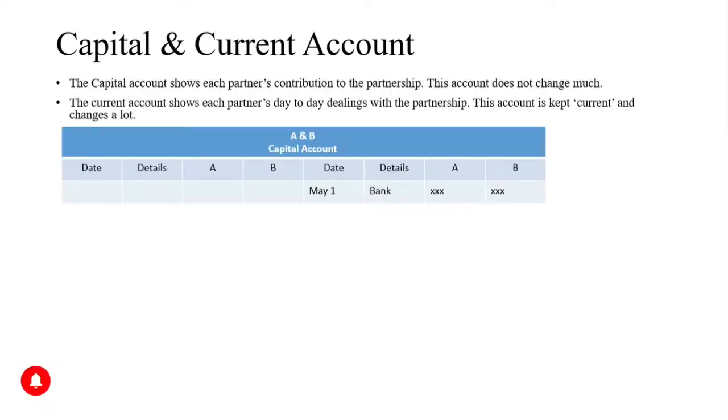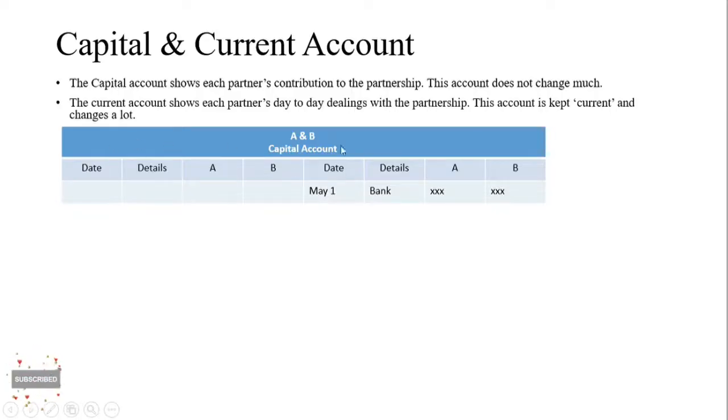Now, this is what a capital account would look like. The capital account, as I said before, remains constant, and this form, right, is what we call the columnar form. The reason why it is called columnar form is because the partners are in columns here. So you have A in one column, partner B is in one column.